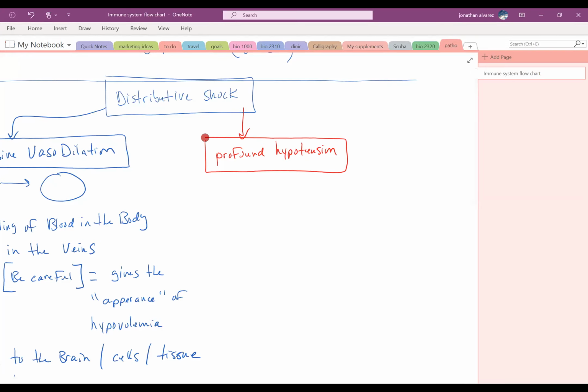So a significant drop in your blood pressure, right? Probably numbers like 60/40, 50/30, you know, that kind of thing. Really, really low blood pressure.